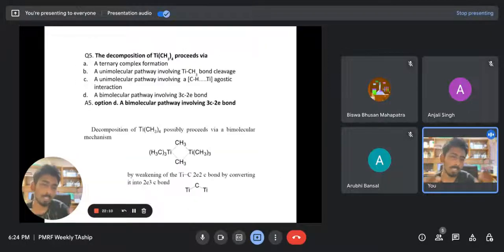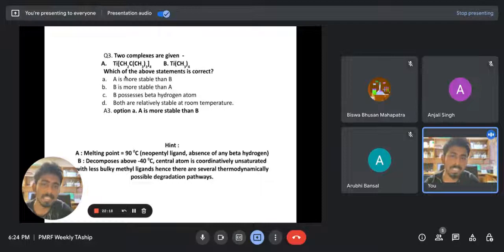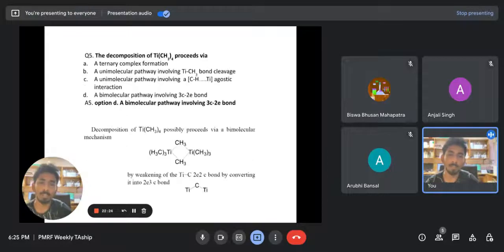Now you can argue why the same case is not operative for this compound, that is compound A, Ti(CH2CMe3). What's the problem in that? It can also undergo a similar bimolecular fashion, but here you can see these methyl groups are less bulky in nature. But those neopentyl groups, the CH2CMe3, are quite bulky in nature.